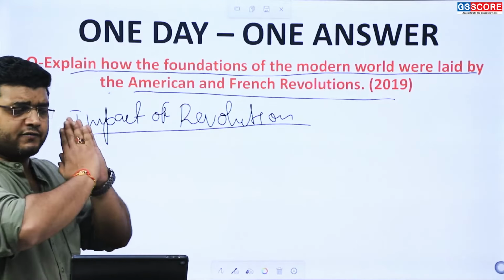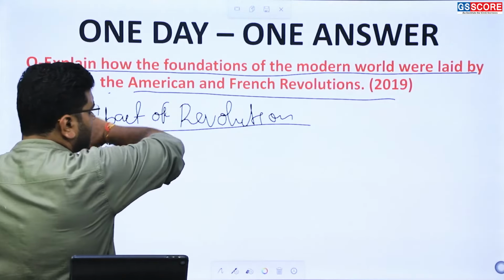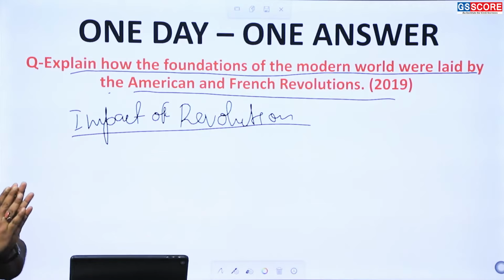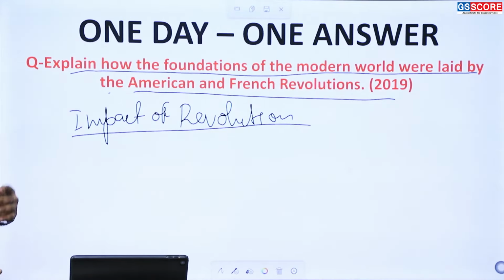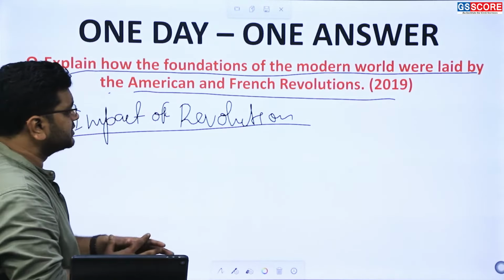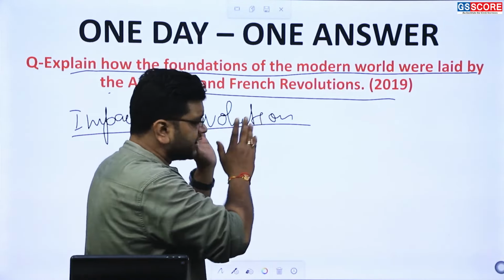So of course the revolution was traveling throughout the world. It has inspired the revolutionary ideas. So in that realm, we have to explain these various aspects of French and American Revolution.